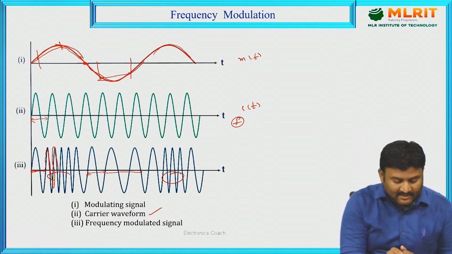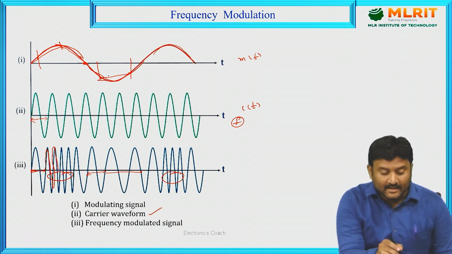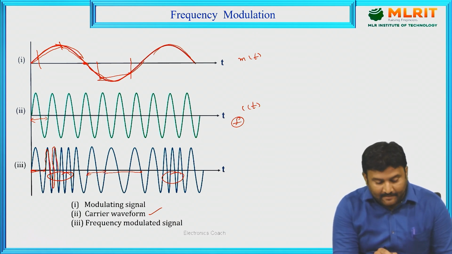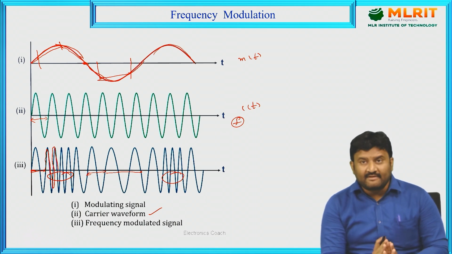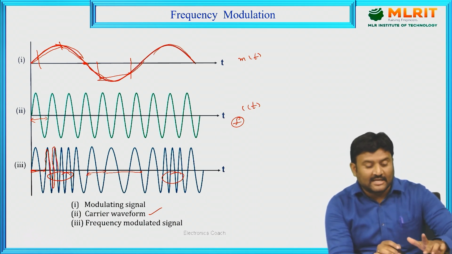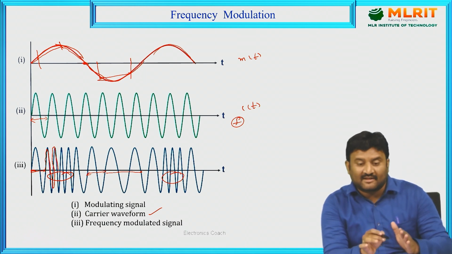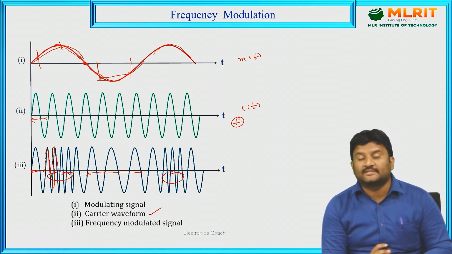Here also high frequency, low time period. But here, at the negative value, the time gap is more. That means only the frequency is varying. The carrier frequency varies with respect to the message signal variation. That's why the definition is called frequency modulation.